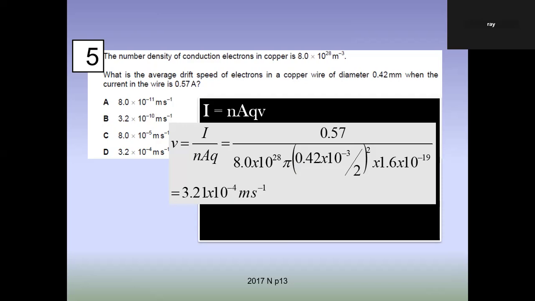Can? Wait, I'm calculating. The diameter, must I convert to meter? Yeah, you have to convert everything to SI unit. Okay.